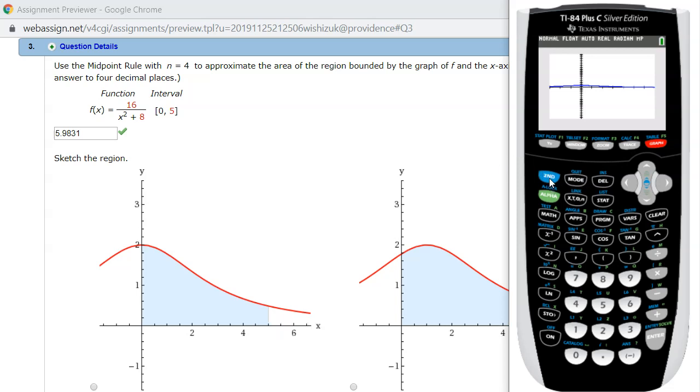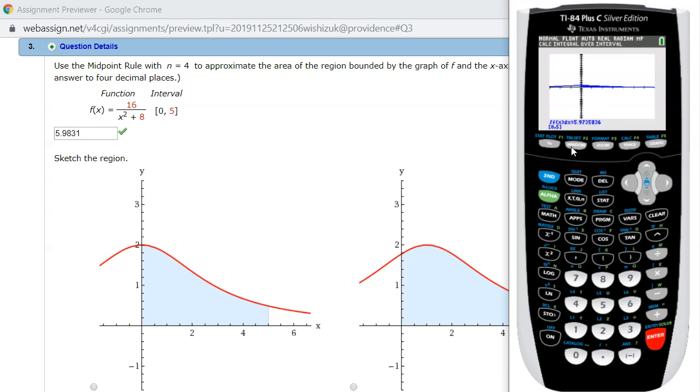I'm going to go to second, then calc or trace, and choose the integral, number 7. The lower limit is 0, so I put 0 and enter, and the upper limit is 5, so I put 5 and enter. There's a shaded region here.